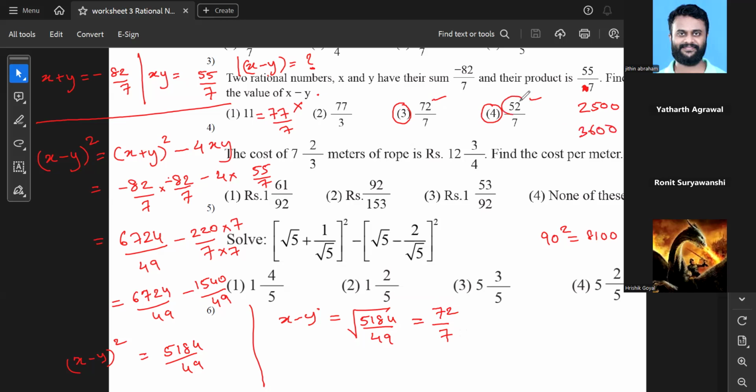So 52 square comes between 2500 and 3600. But speaking about 72, its square ranges between 4900, which is 70 square, and 6400, which is 80 square. So 72 square is between these two numbers, which is 5184. So in this case, I can say yes, 72 by 7 is the correct answer. Option 3 will be your correct answer with a minor correction in the question. I hope I'm clear.